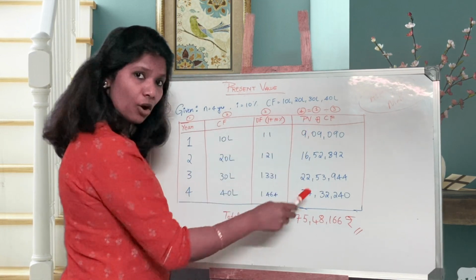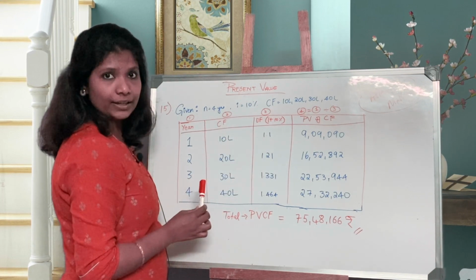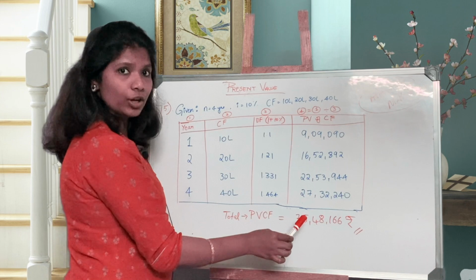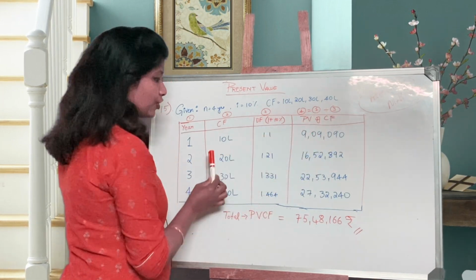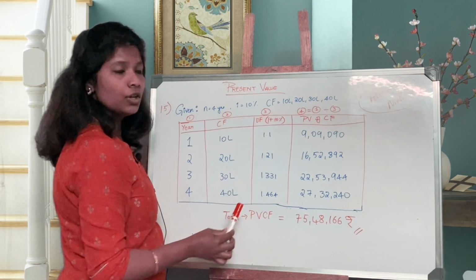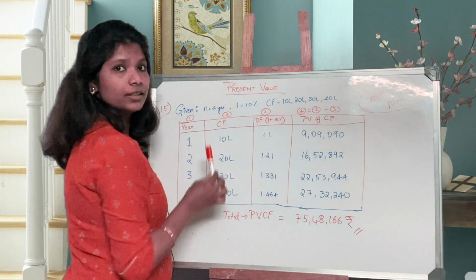How do I find column number 4? It is cash flows divided by discount factor. I repeat, column number 4 equals column number 2 divided by column number 3, which is already given here. So all you have to do is divide the cash flows by the discount factor.